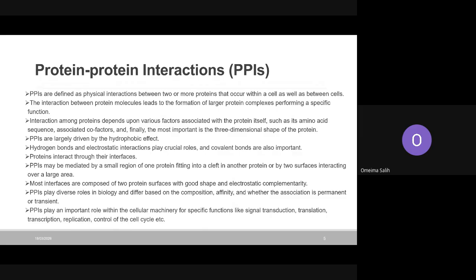So we have this interaction. They have different functions, and the determination of this function depends on the composition of the interface and the affinity of the proteins to each other, and this leads to different types of protein interactions.